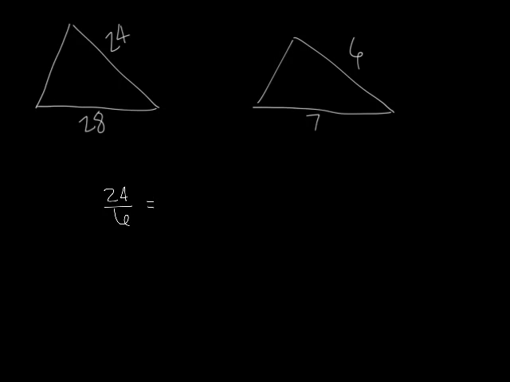If they're similar, then 24 to 6 will equal this to this. 24 to 6 is 4. 28 divided by 7 is 4. So therefore, they're similar because their proportions are the same.